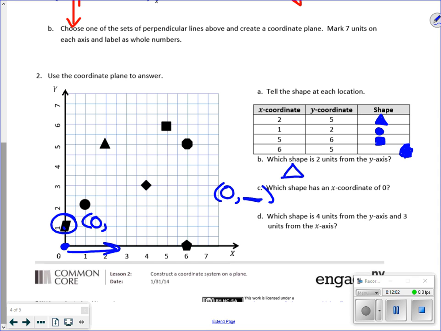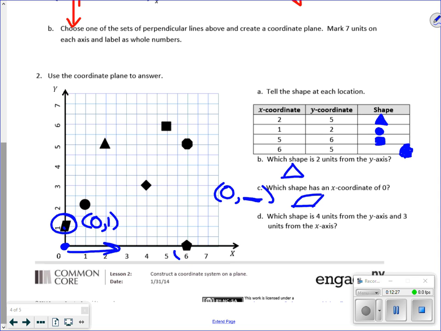It's X of 0. It does not go to the right. It only goes up 1. It does not go to the right. It only goes up. So the rhombus.